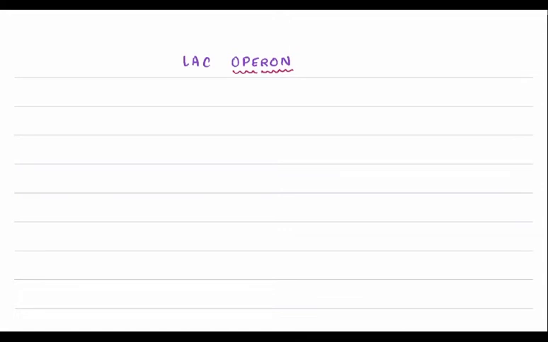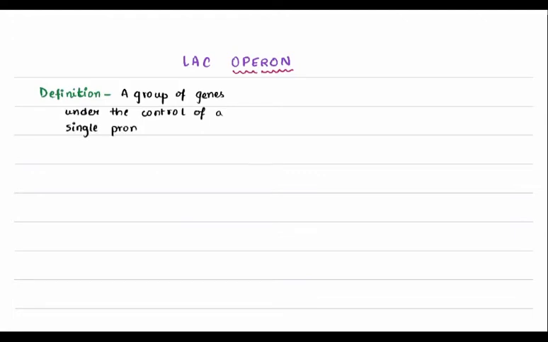Now, if we define the operon, then an operon would be a group of genes under the control of a single promoter, and also under the control of a single regulatory unit. So this is the definition of operon.